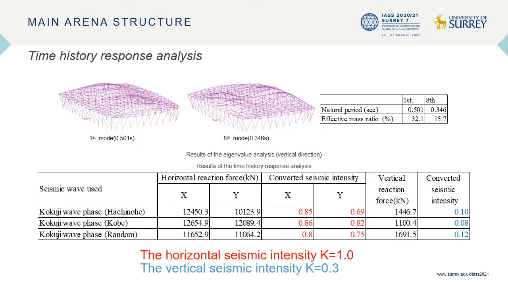The figure above shows the results of the eigenvalue analysis in the vertical direction. The central table shows the results of the time history response analysis. Based on these results, we set the seismic forces shown in the bottom row.